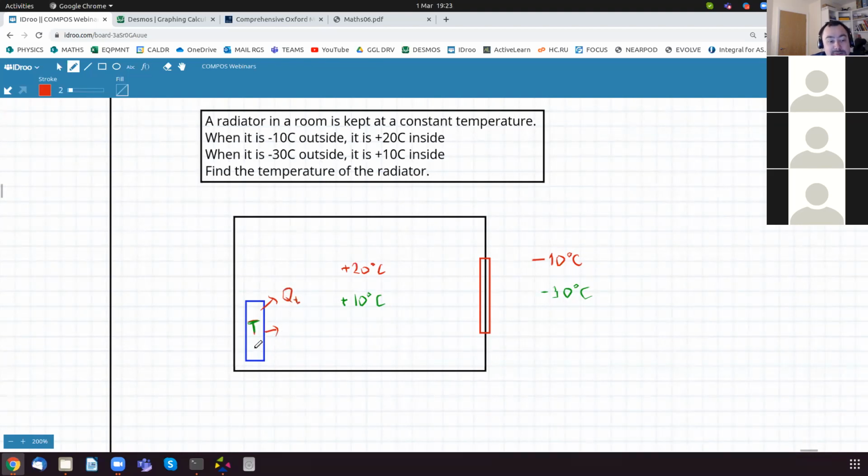The radiator is giving you heat, but then you're losing that heat through the window, and of course through the walls and everything, and the insulation, and you're constantly losing heat. But the important thing is that you are losing the same amount of heat, because if the room is at a constant temperature, that means you are getting heat from the radiator and losing heat at the same rate.